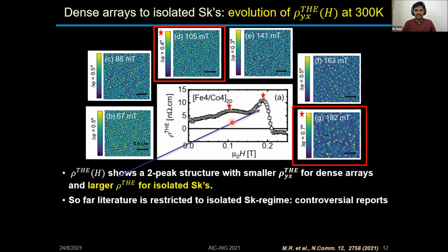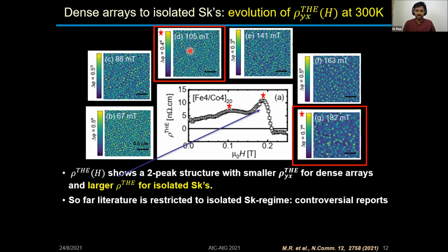Immediately we see a very counterintuitive observation. A dense arrangement of Skyrmions, which appear around 1000 Oersted in this case, seems to produce a magnitude which is smaller than the magnitude of the isolated Skyrmion phase. So when we sweep the field and control Skyrmion configuration, moving from dense arrangement to an isolated phase, we see a two-peak structure emerging in the topological Hall profile.